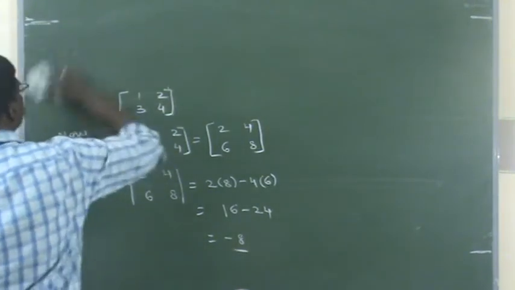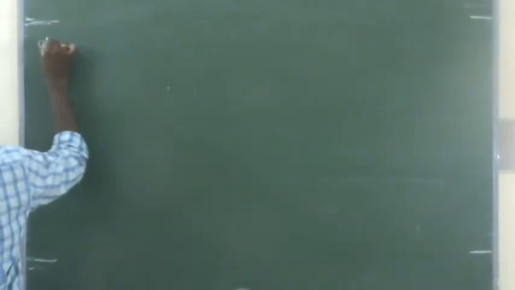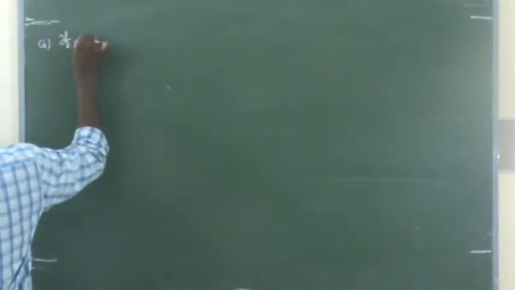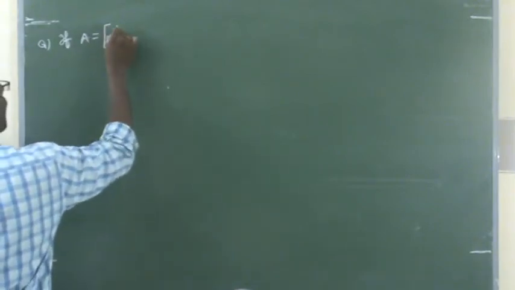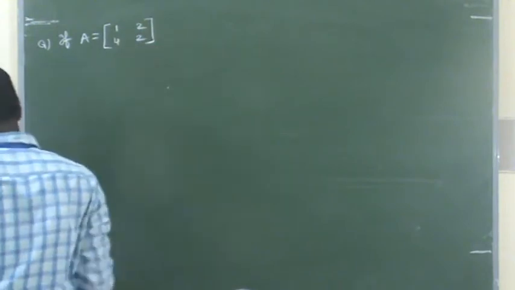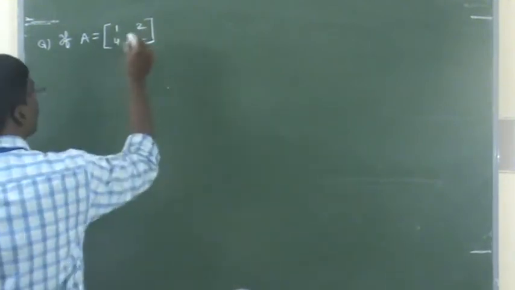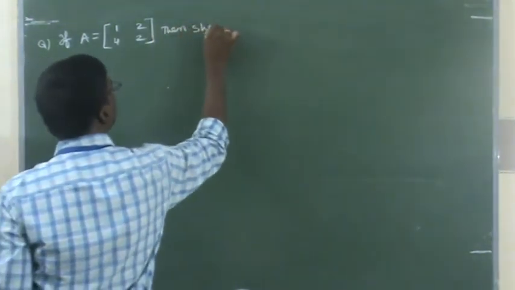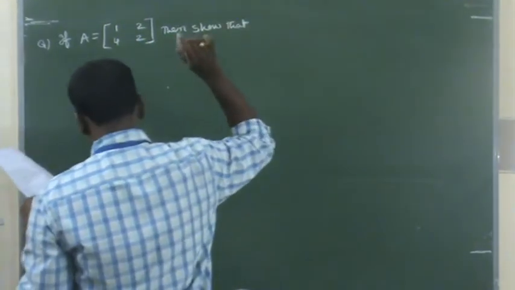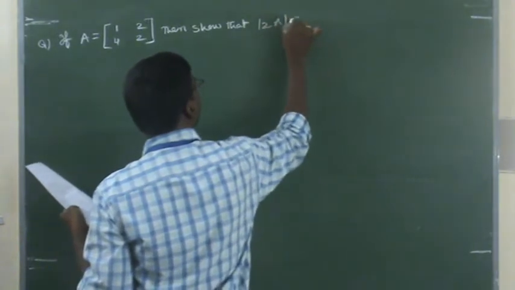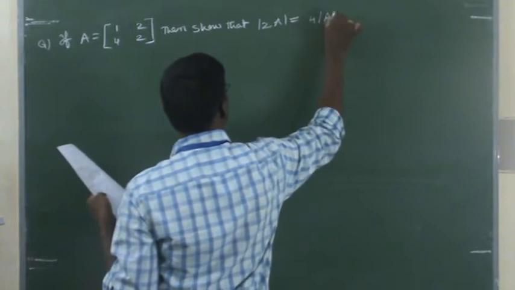Next problem. If matrix A is 1, 2, 4, 2, then show that the determinant of 2A is equal to 4 times the determinant of A. The given matrix A is 1, 2, 4, 2.